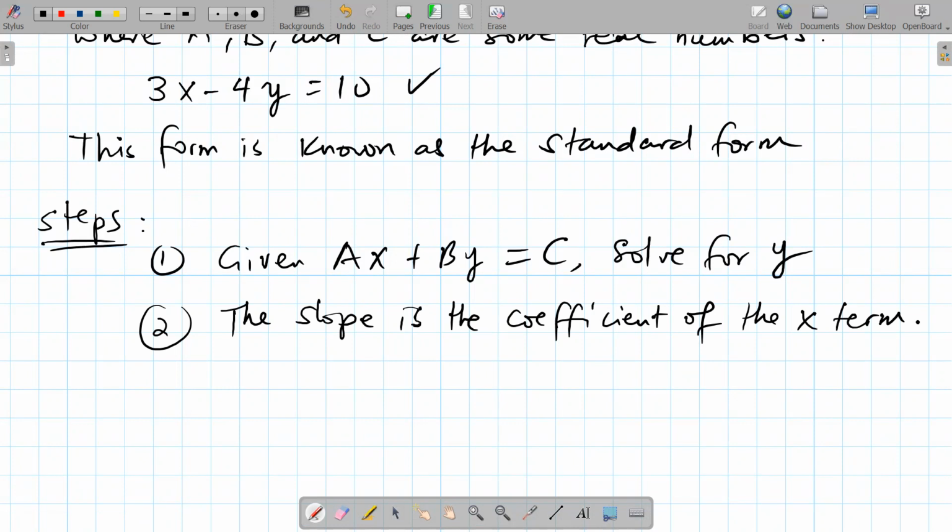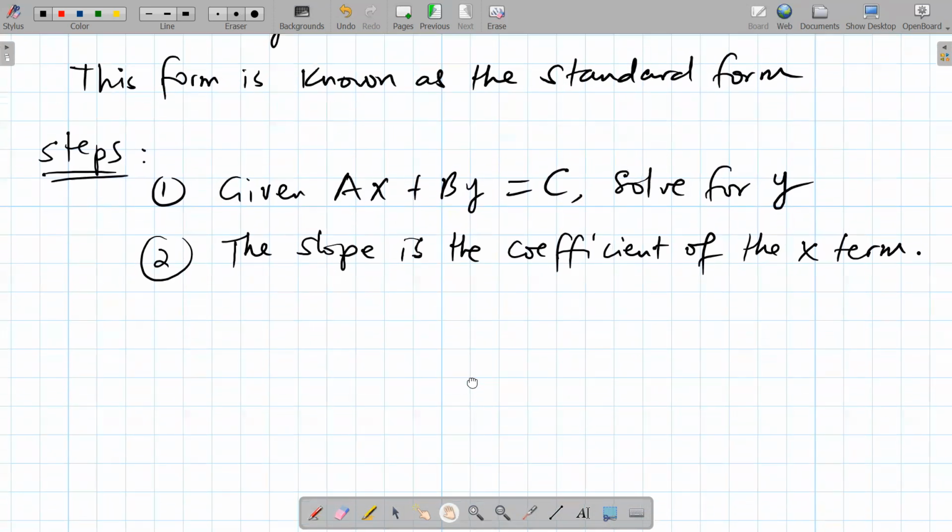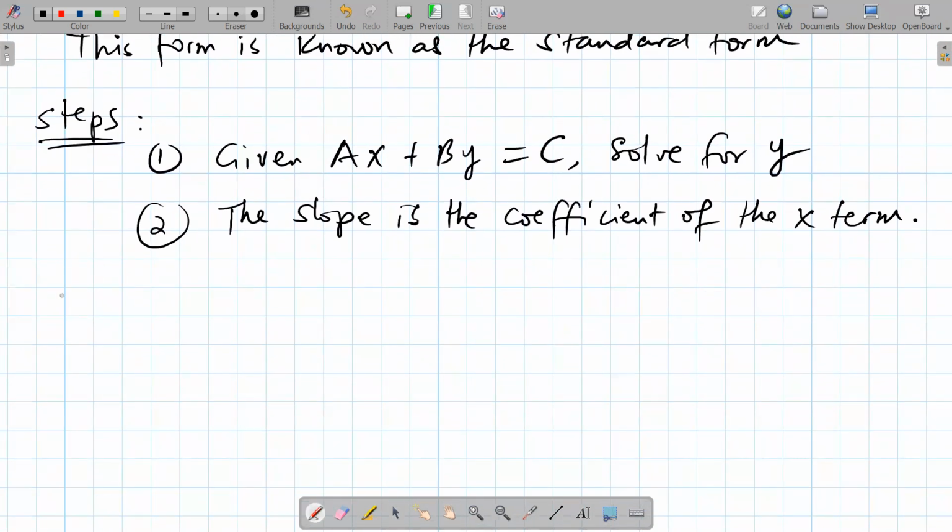I'm going to do a demonstration here. Okay, so let's do a demo. I have ax plus by equals c. If I'm going to solve for y, anything that adds or subtracts has to go out.